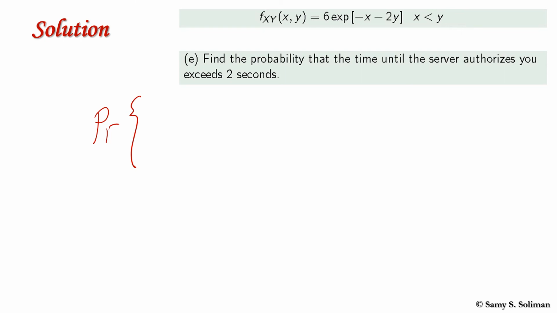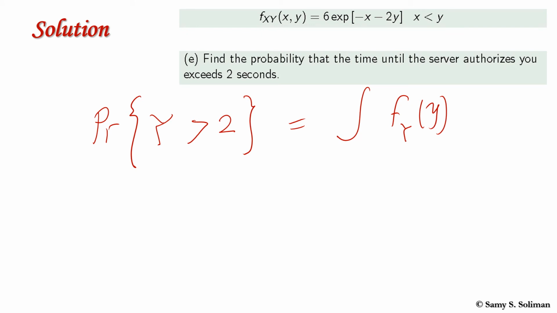Since he asks about the time needed until the server authorizes the user, this is y, and it exceeds 2 seconds, so we have to find the probability that y is larger than 2. Again, this is the integral of the marginal distribution f of y for y larger than 2, which means that y ranges from 2 to infinity.